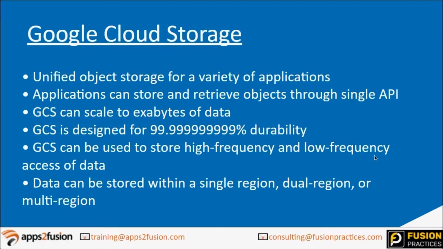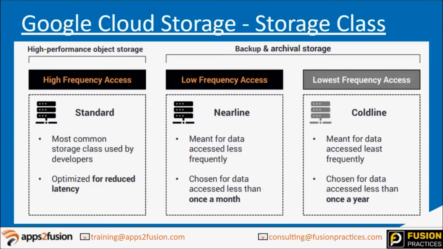This means there is null data loss. GCS can be used to store high frequency and low frequency access data. Data can be stored in a single region, dual region, or multi-region.